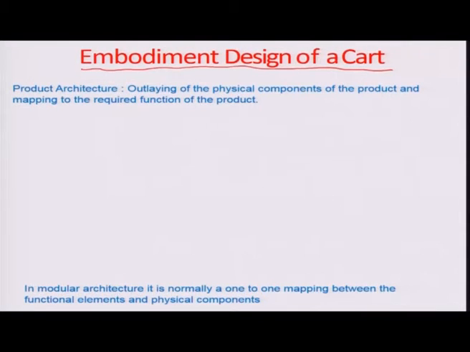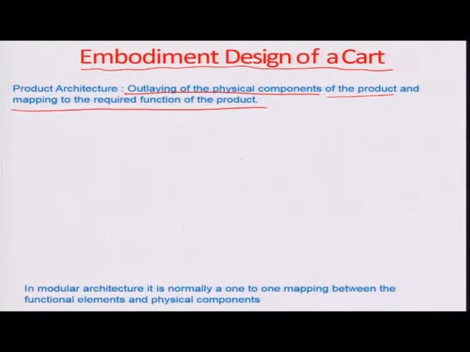And so, if we wanted to design such a cart, it would be really about laying out the individual physical components of this product, this cart, and the mapping that will be needed, because we want to associate functionalities with every subsystem level component, or every small component associated with the whole overall physical description of the embodiment of the cart.